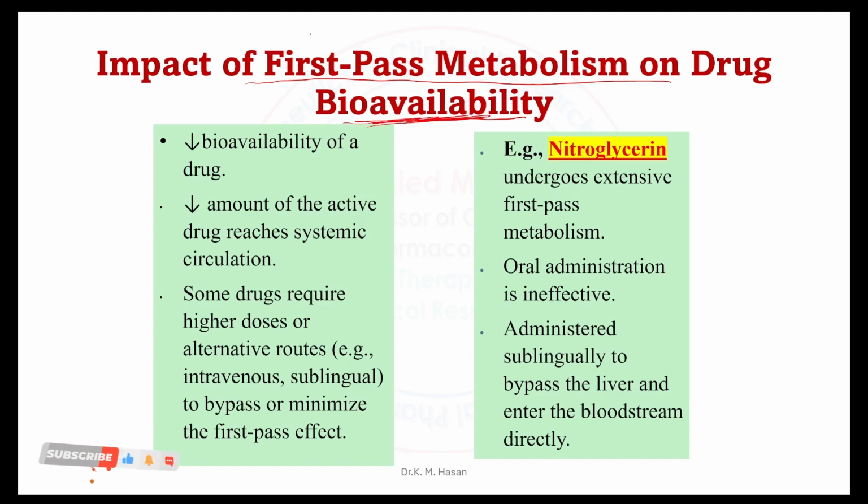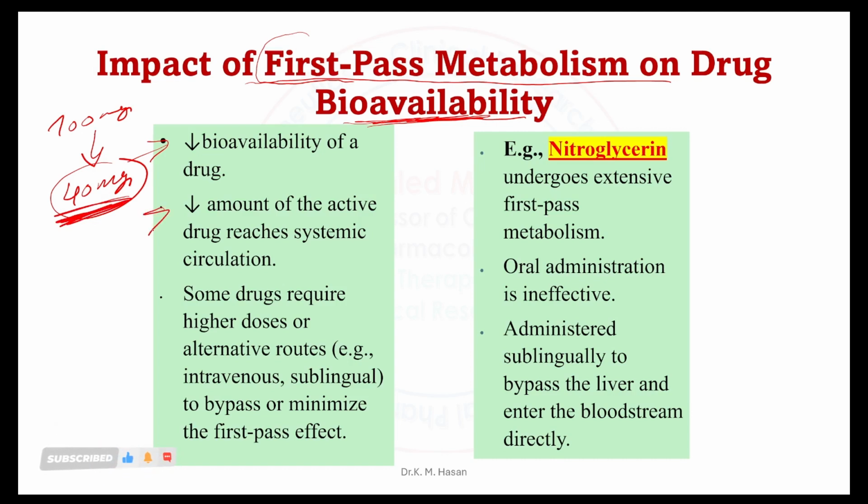They said first pass metabolism normally decreases bioavailability. It's when you prescribe 100 milligram of the medication and after first pass metabolism 40 milligram of this medication will arrive to the blood. So the amount of the medication that arrives to the blood will be less. Okay, decreased bioavailability of the medication.